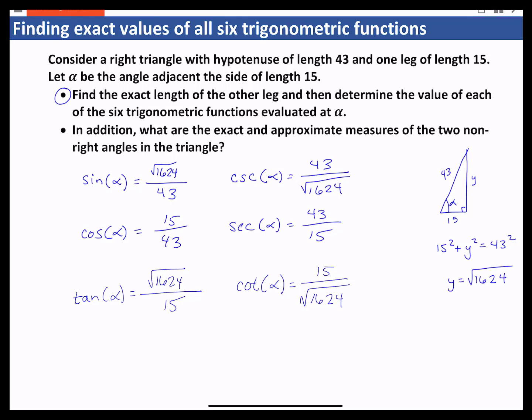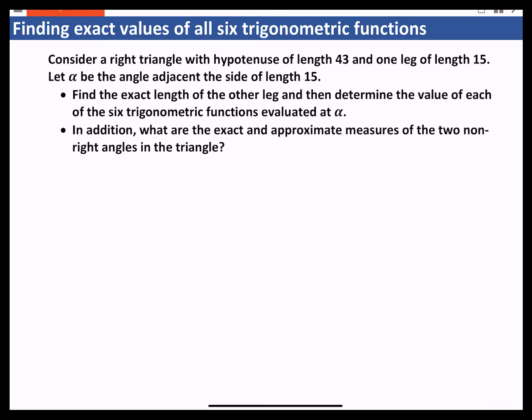All right, so now we want to find the exact and approximate measures of the two non-right angles in the triangle. So remember we had angle alpha, we had 43, 15. We can find alpha by using the definition of cosine. Again, we knew the cosine of alpha was 15 over 43.